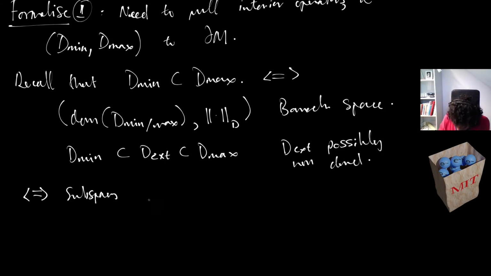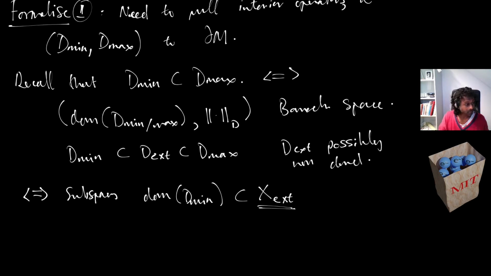The domain of Dmin is a subspace, and then we're going to have some subspace X_ext. Of course, this is the domain of the operator. I'm writing X just to say that it is a subspace. If we have such a subspace, it's going to give us an operator, because the subspace is contained in the domain of Dmax, and that's really the point. So this is going to correspond back and forth.